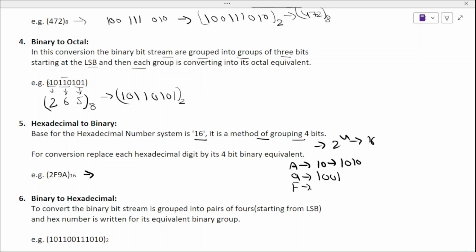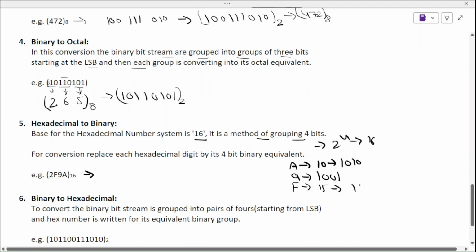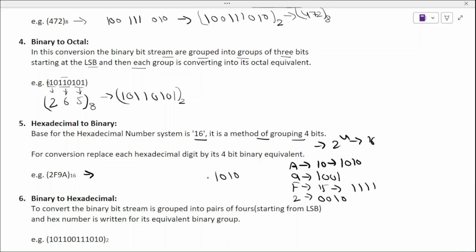F is equivalent to 15, which is 1111. 2 is 0010. Let's group all together. First A, 1010, then 1001, then 1111, and then 0010. This is the equivalent in the binary number system.